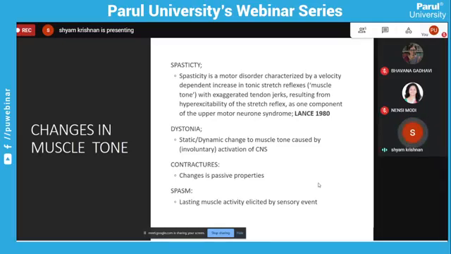All of these can lead to long-lasting muscular activity elicited by sensory events. So you should know the difference between these terms when you are talking about an elevation in tone.